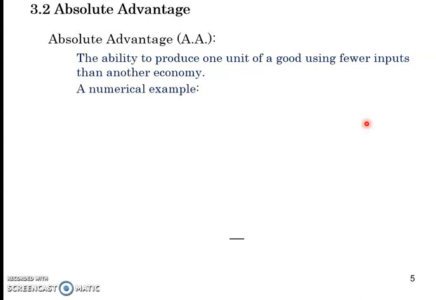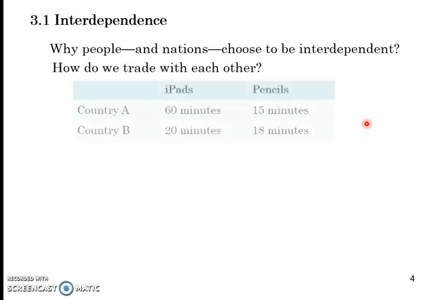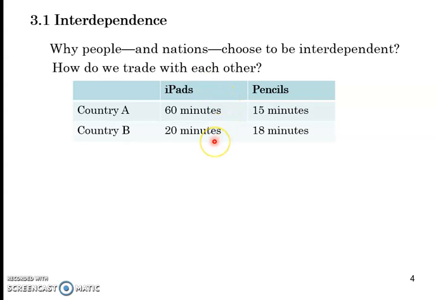All right, so the numerical example would be what we saw on the previous slide. Let me flip back there. And so here, once again, if you look at the first table, you would find that in terms of the iPads production, country B has absolute advantage because it spends less amount of time producing each iPad.